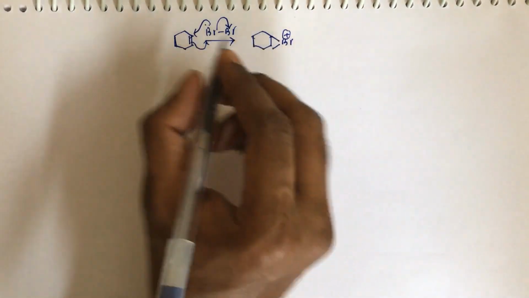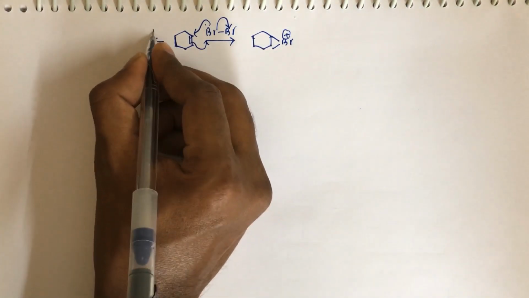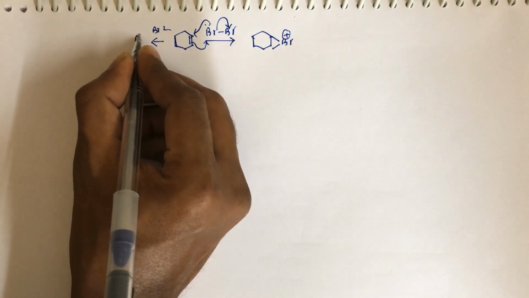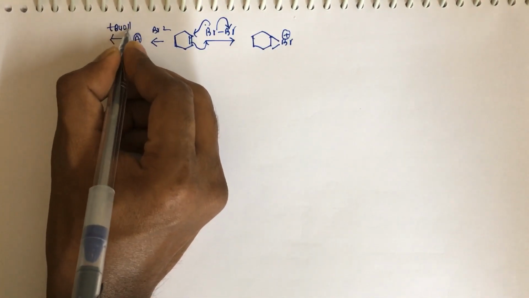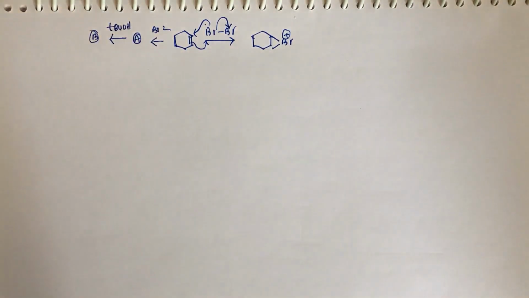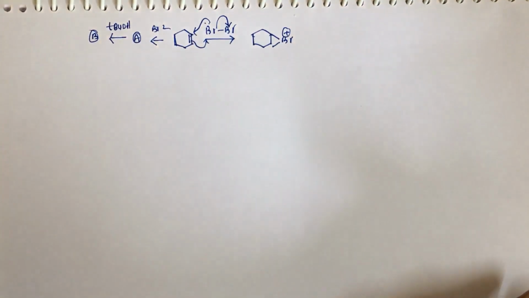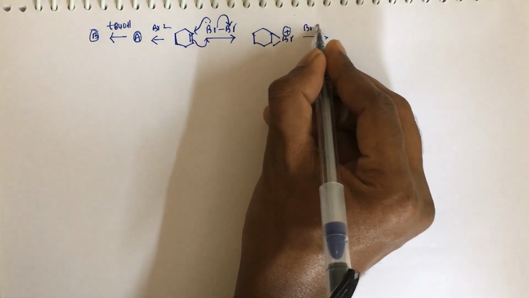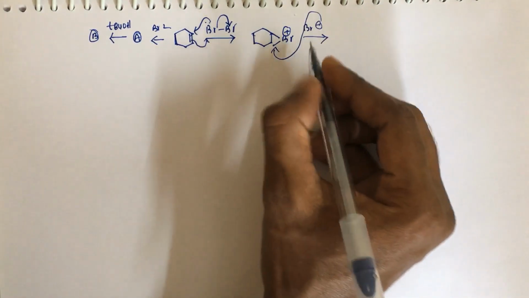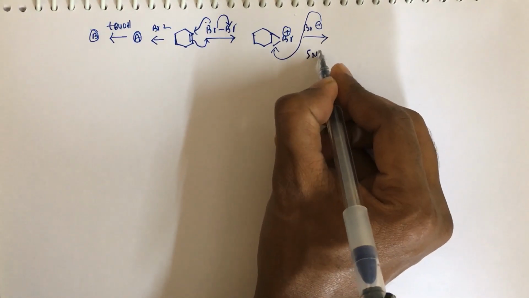Now in the first step with Br2, product A comes. In the second step we have tertiary butoxide, and here product B comes. And the mechanism I am writing here. In the second step, whatever Br minus is here goes and attacks this. So these reactions are always SN2 reactions.